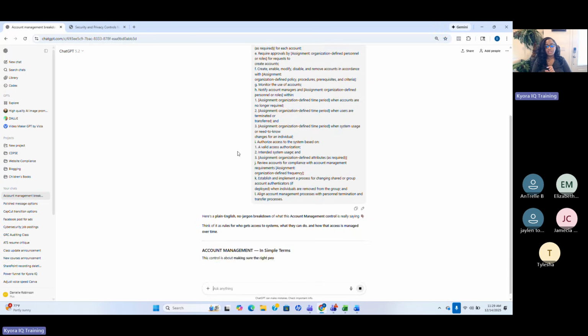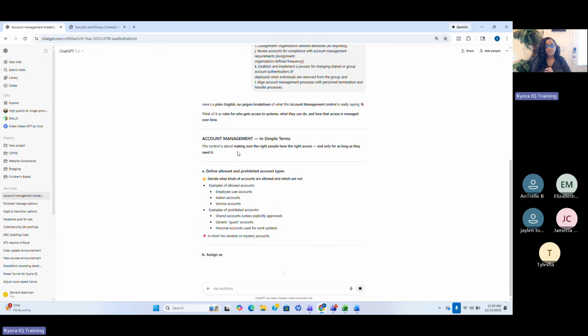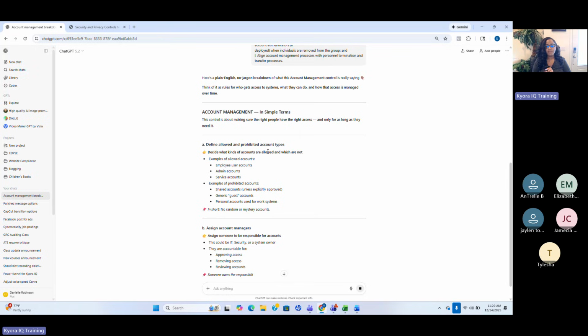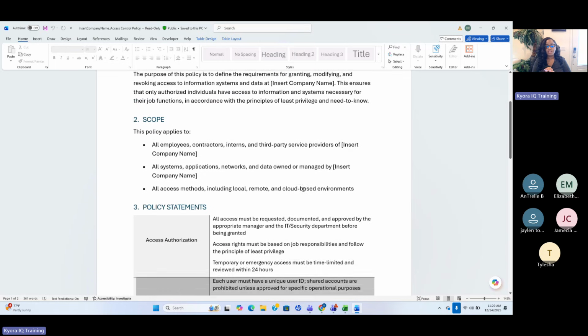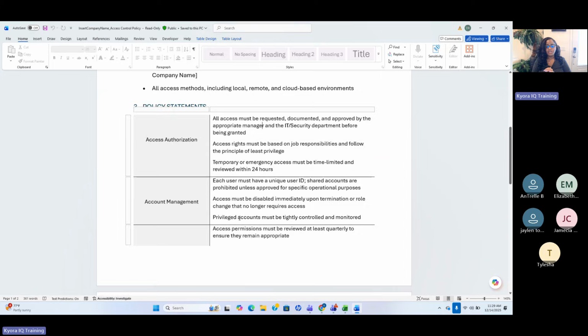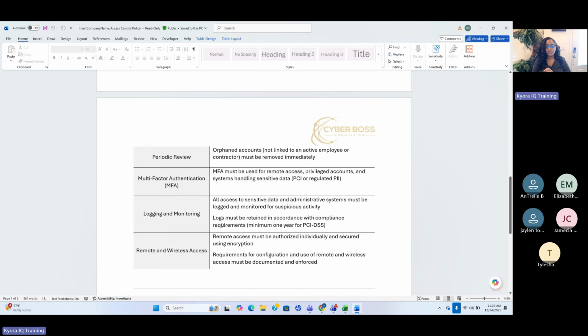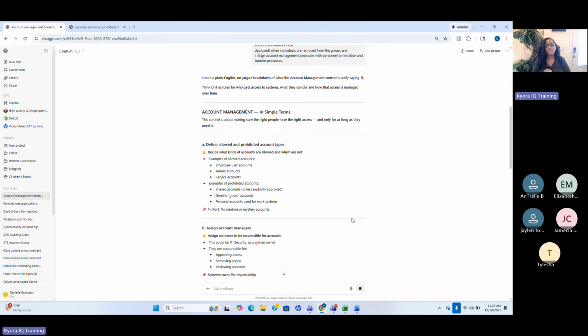And in plain English, ChatGPT will be able to break down exactly what this means. So this control is about making sure the right people have the right access and only for as long as they need it, right? So that would mean that it aligns with our access control policy, right? So access authorization, account management, access permissions, periodic review, the multi-factor authentication, the logging and monitoring. So we're making sure that this policy is aligned with what NIST 853 is telling us should be there, right?